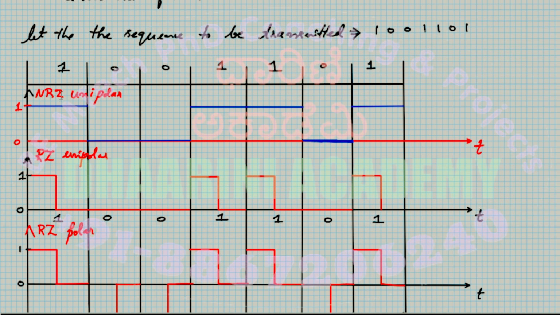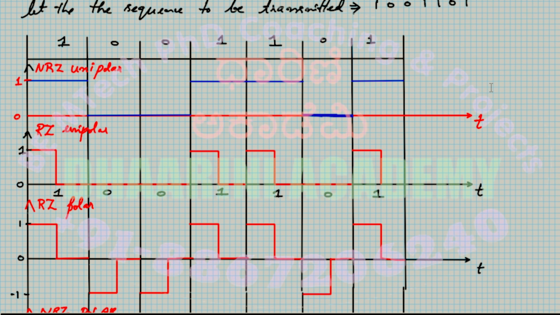So the first technique we used was NRZ unipolar. As the name suggests, unipolar refers to single polarity. There is one polarity and the polarity is assigned for bit 1, and for 0 there is no polarity. The amplitude or the magnitude will be 0. So that's the representation. You can see here, wherever we are sending 0, there is nothing, it's empty.